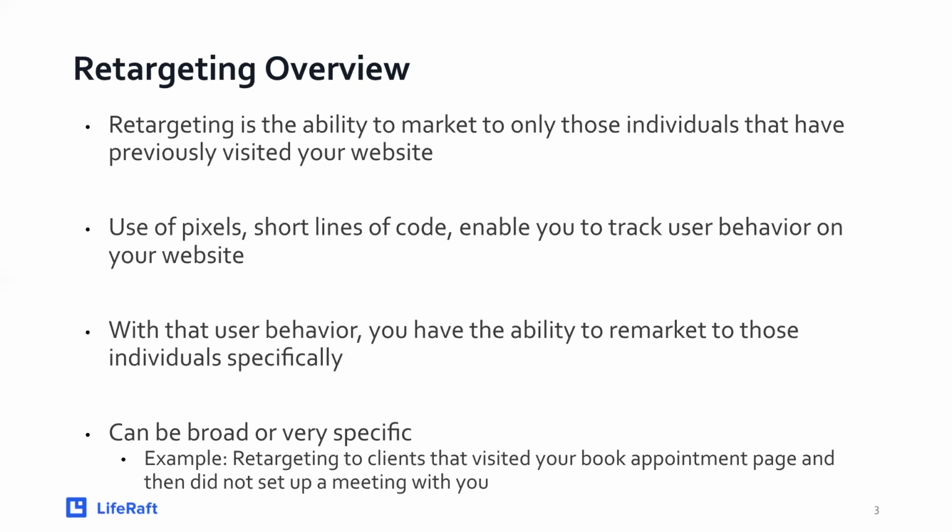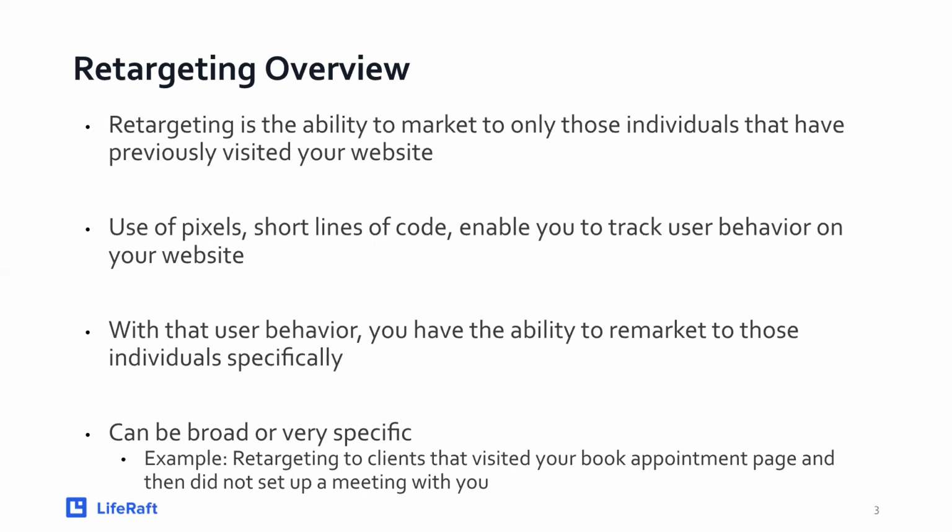Now, the way that retargeting works is using something called pixels, and pixels are effectively short lines of computer code that go into your website that enable you to track user behavior. So pixels really are going to give you a good sense of what parts of a website your users are visiting, how far they get along in a process.